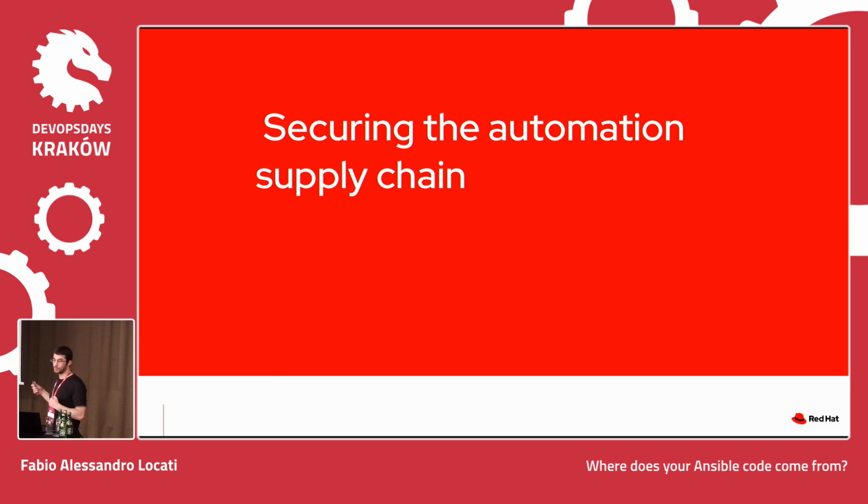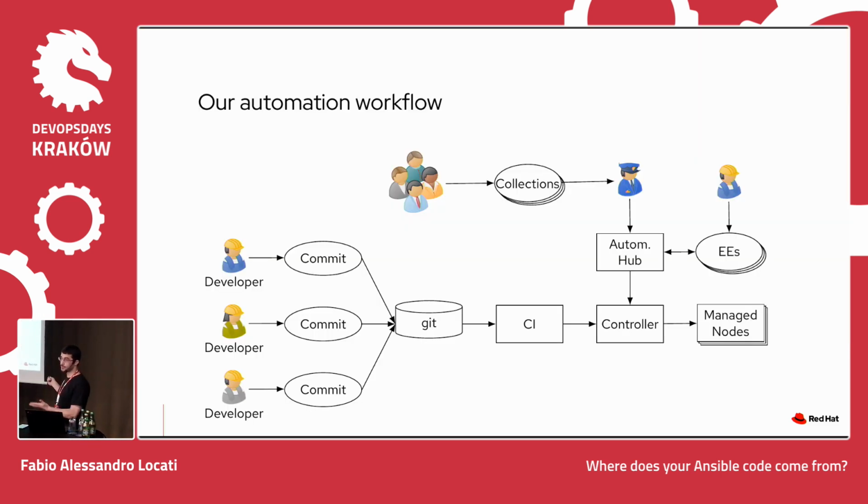So how can we actually secure this? Because as we have seen, this supply chain became fairly long. It started as a single developer writing and executing stuff from their own machine, and became a situation with a lot of steps and connections between systems.